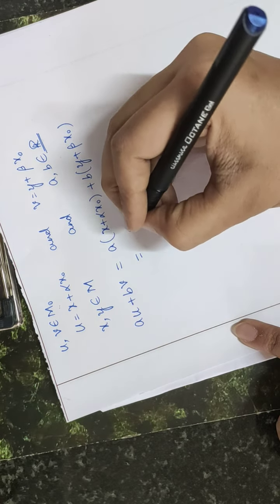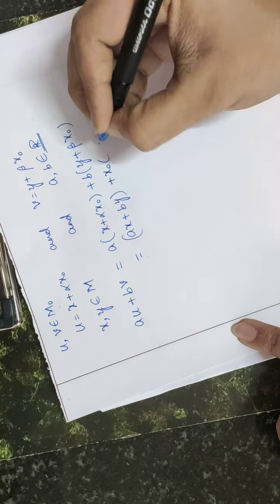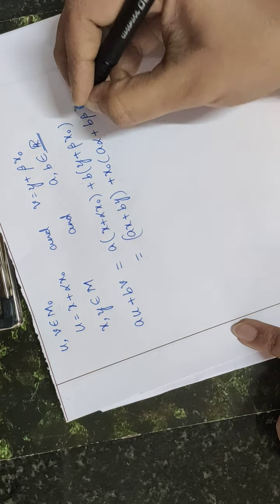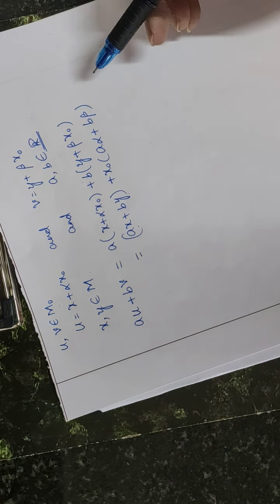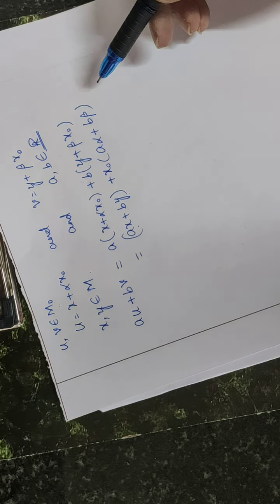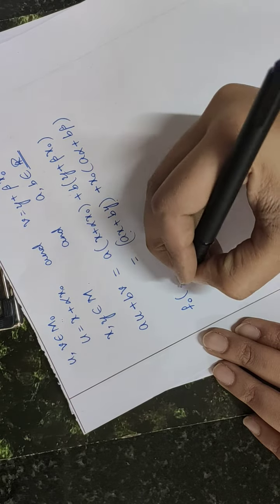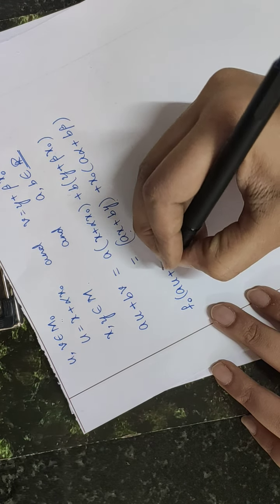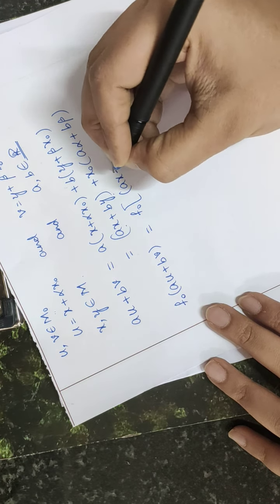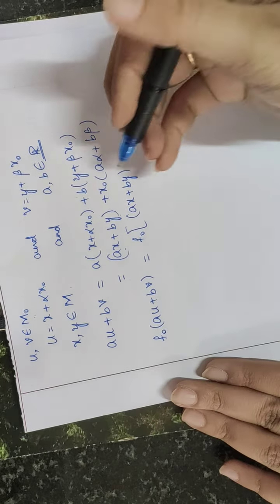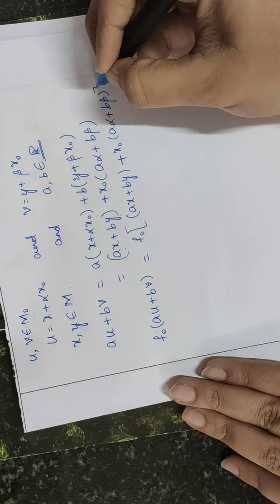We can rewrite this as ax plus by plus x0 into (a alpha plus b beta), where ax plus by belongs to the space M and a alpha plus b beta belongs to R. So now if you operate f0, this becomes f0 of au plus bv, which is f0 of (ax plus by plus x0 into (a alpha plus b beta)).